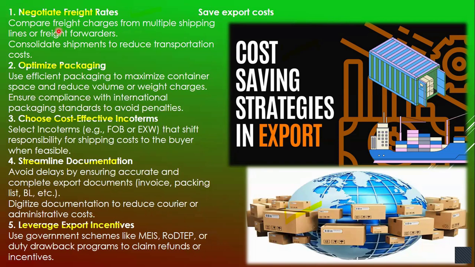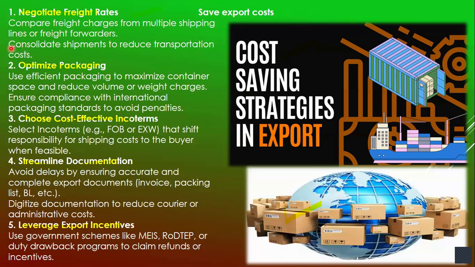Just like CMA is giving an estimated time of departure from India of 15 February, and another is giving 18 February. In the same way, Hapag is giving 22 February. So along with the cost saving, we also need to check how the shipment can be sent urgently or timely to our customer.